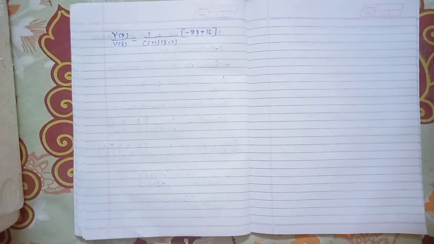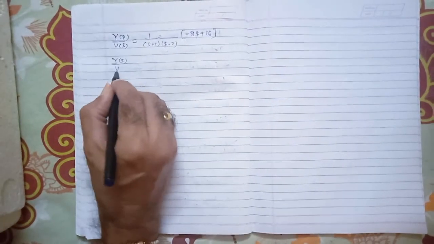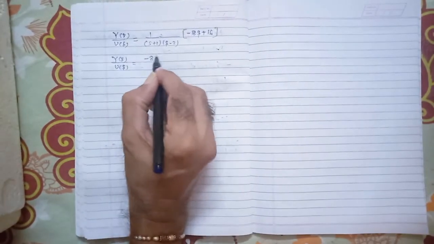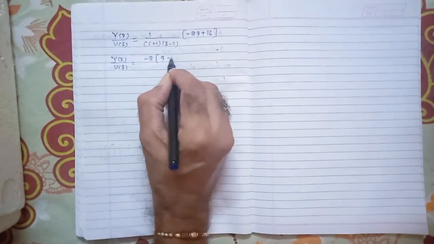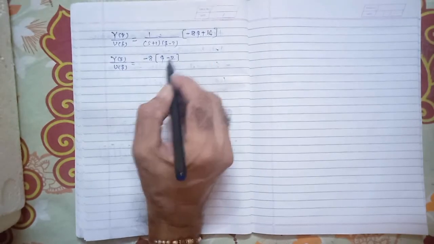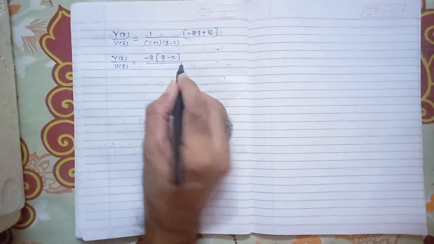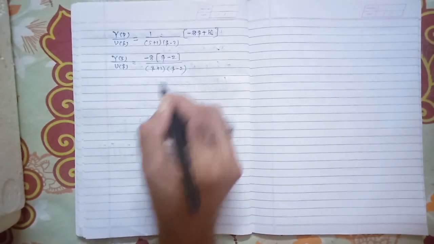So this value we have. Now what we will do here: Y(s)/U(s), this is -8, we will take it outside. So this becomes (s - 2), since -2 into -8 is plus 16 and s into -8 becomes -8s, divided by (s + 1)(s - 2).